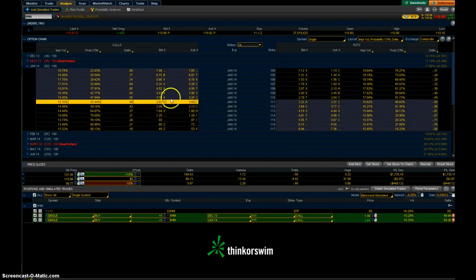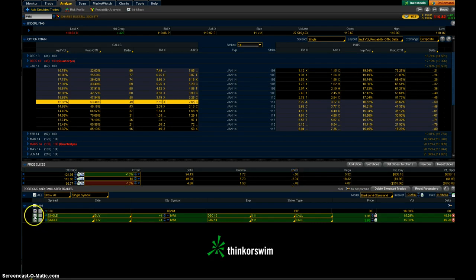Okay, the other information here is the probability in the money and out of the money basically stayed the same, but let's take a look at our Greeks here. We have the same delta, which is basically saying it's about a 50-50 proposition. Gamma becomes less of an issue the further from expiration we go, so we don't even have to talk about that too much, but let's take a look at theta.